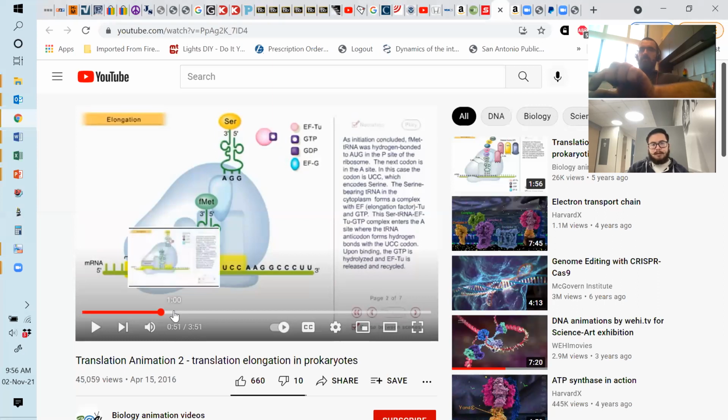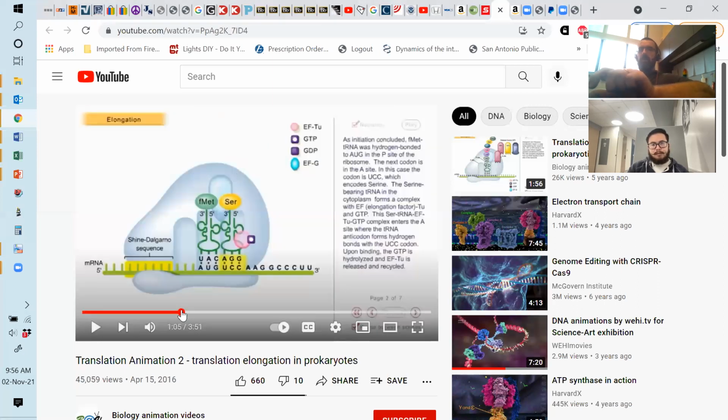So that comes in like so. That GTP will be hydrolyzed to GDP and those will leave. And so now we have two amino acids very close to each other in the ribosome. We've got the one on the tRNA on the P site, and we've got the new one on the A site.